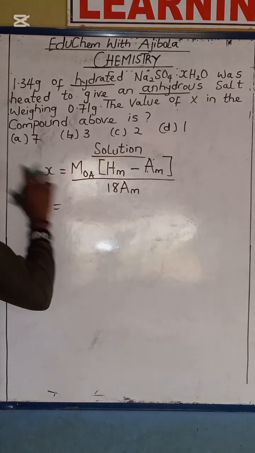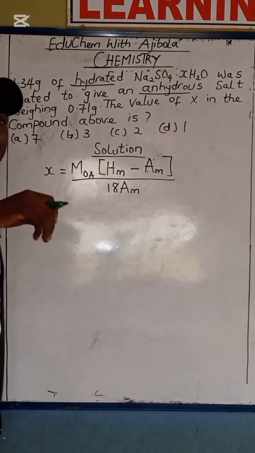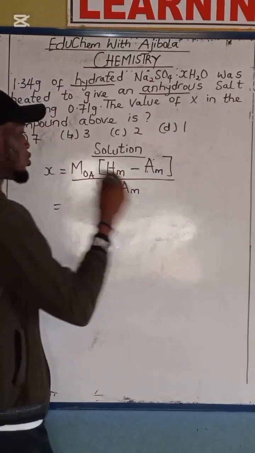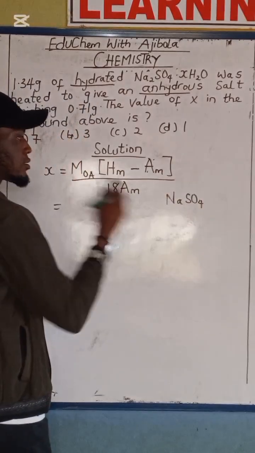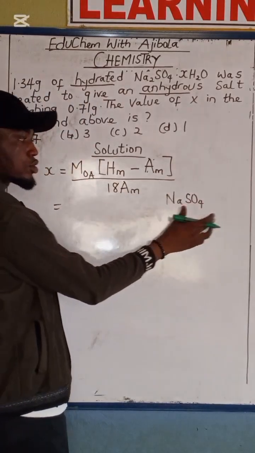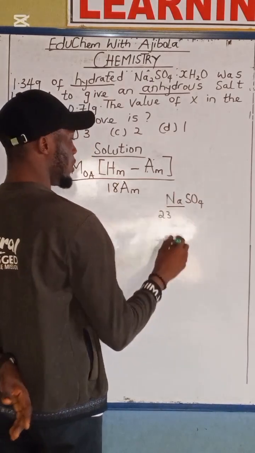So this will require us to calculate the molar mass of the anhydrous salt. I remember I said anhydrous means one that is void of water of crystallization. So that's Na2SO4, right? This is anhydrous because water of crystallization is absent. Now, what's the mass number of sodium? That's 23, right?